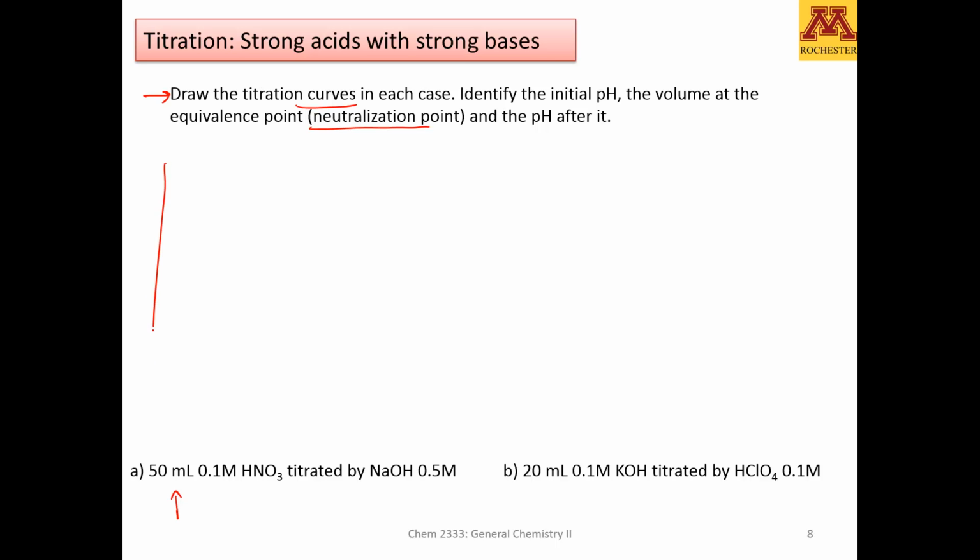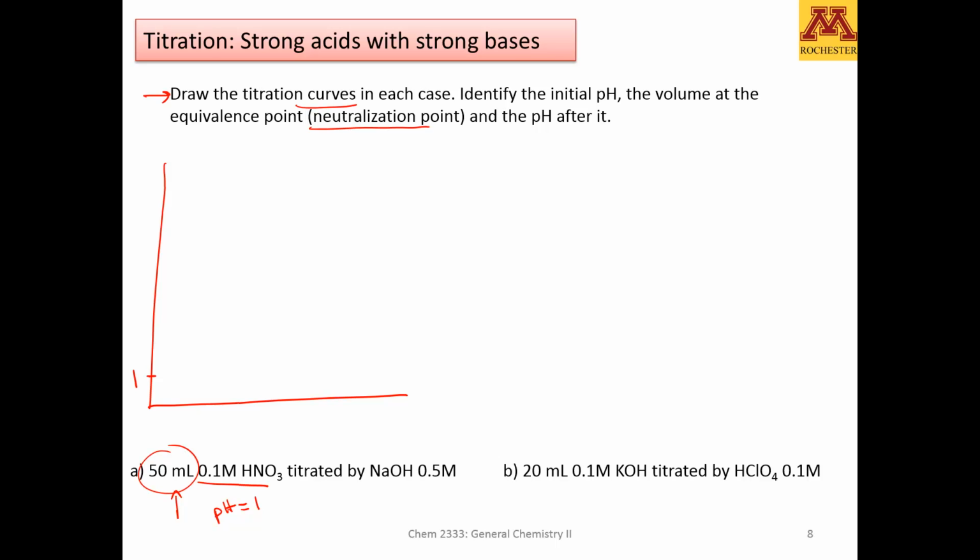Well, if we draw the curve, initially notice that it's 0.1 molar of a strong acid, the negative log of 0.1 is 1, so initially the pH is going to be 1. Okay, so you start at 1.